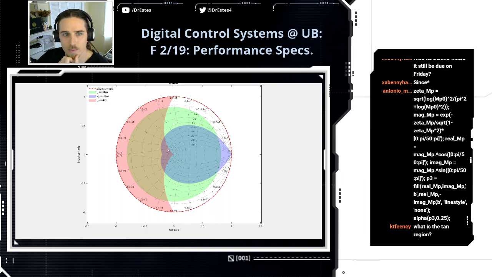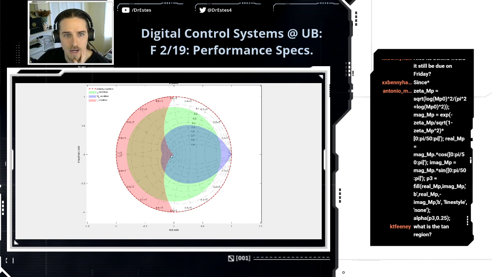So the tan region, well, like this reddish region is the roots that satisfy a rise time condition, less than like 0.2 seconds for this sampling frequency or whatever.